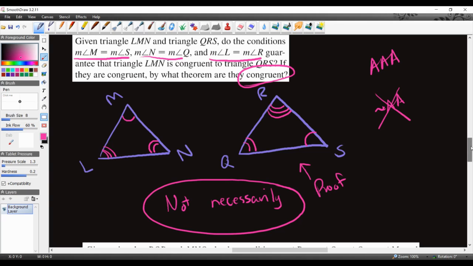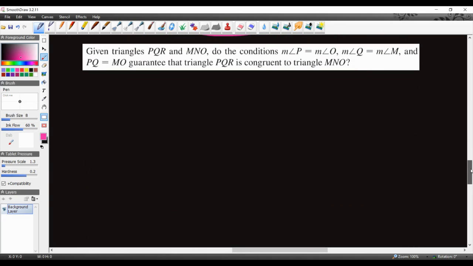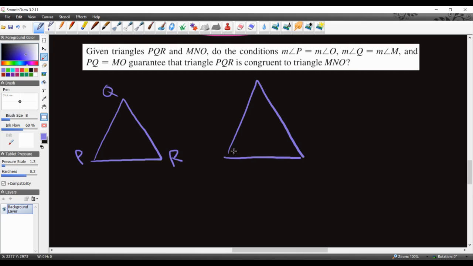Okay, let's try another one. It says given triangles PQR, so we're going to just jump right into it. So here is PQR and MNO. So here is MNO. Okay.